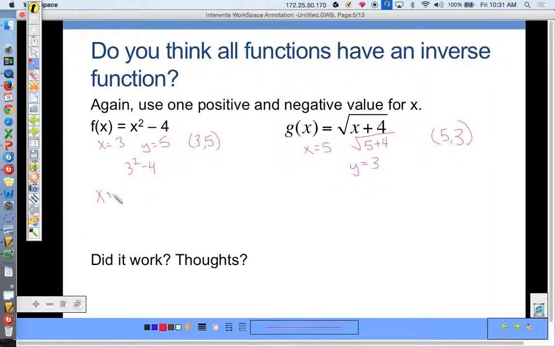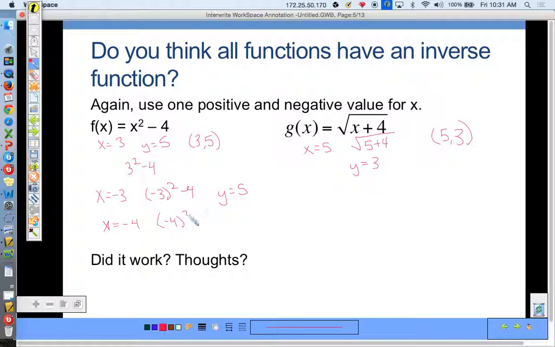But let's try a negative. Let's try when x equals negative 3. So we have negative 3 squared minus 4. Once again, that's y equals 5. But we already know when we plug in 5, we get 3. So it doesn't work for positives and negatives here. Let's try another negative. Let's try what happens when x equals negative 4.